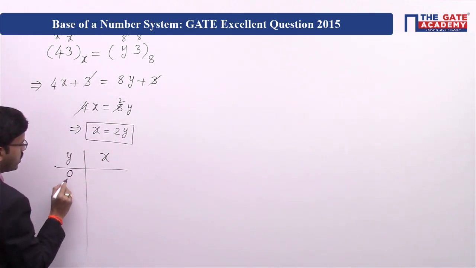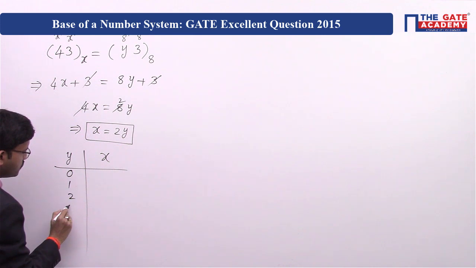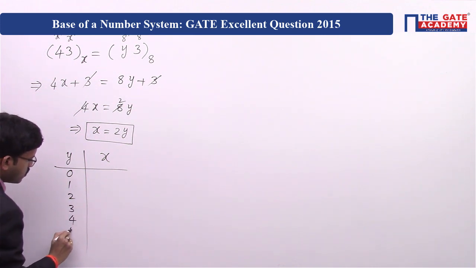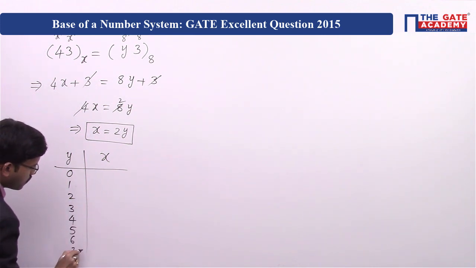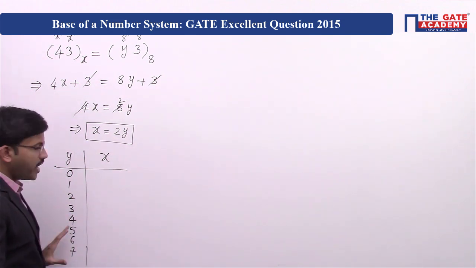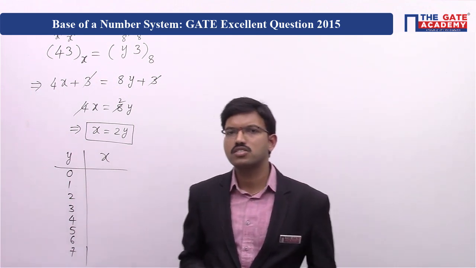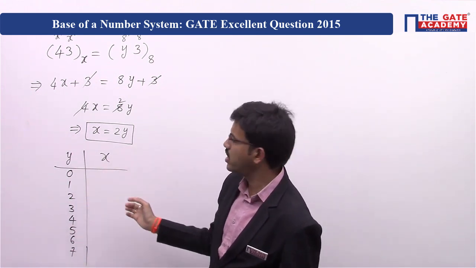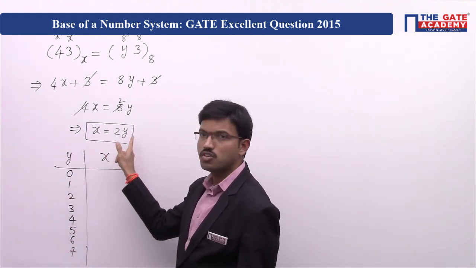So write down those 8 values: 0, 1, 2, 3, 4, 5, 6, 7. These are the 8 digits corresponding to the octal number system. Now you can substitute these values here, you will get the x values.